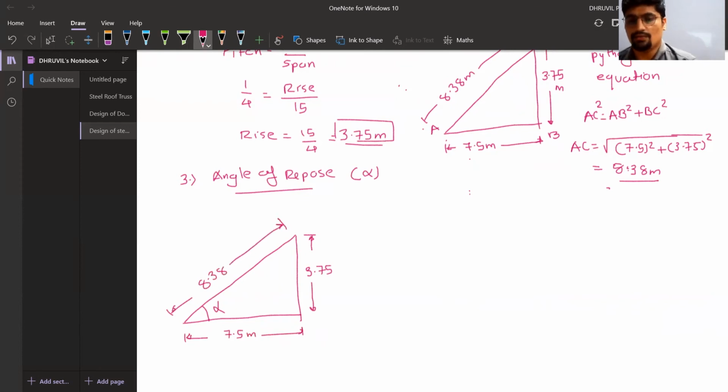Now you can use any of these: sine alpha, cos alpha, tan alpha. Let me take tan alpha. Tan alpha is 3.75 divided by 7.5, opposite side divided by adjacent side. So alpha is equal to tan inverse of 3.75 divided by 7.5.